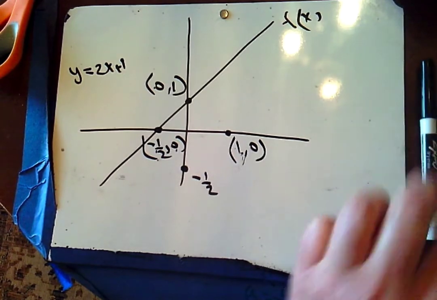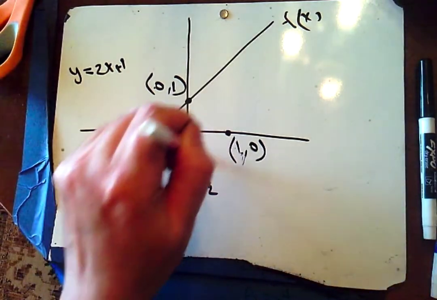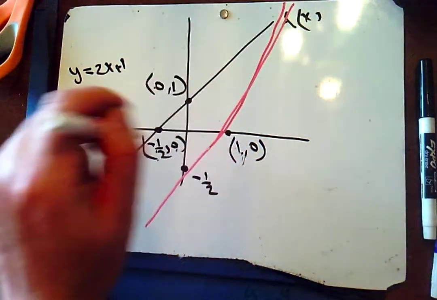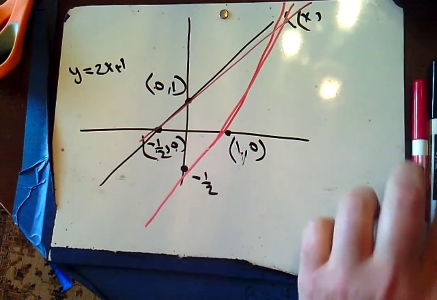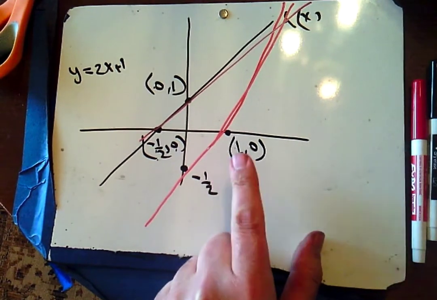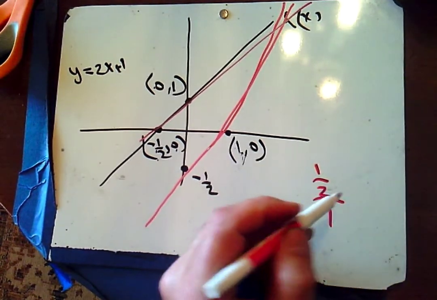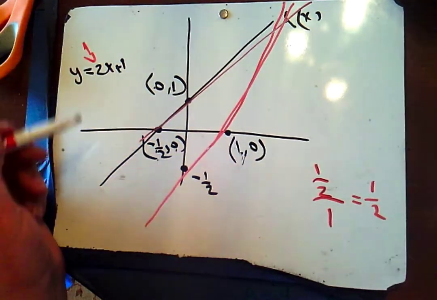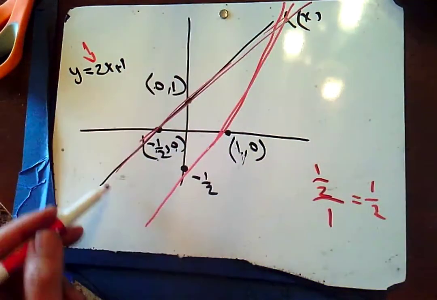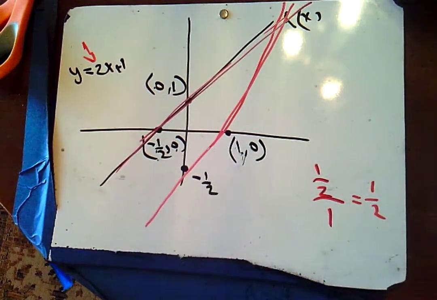Okay, so I'm going up 1/2 and over 1. I know that these lines will, somewhere out there in space, intersect because they don't have the same slope. This goes up 1/2 and over 1, which is a slope of 1/2, whereas this one has a slope of 2. So this one's much steeper than I made it look on the graph. This one should have a shallower slope.